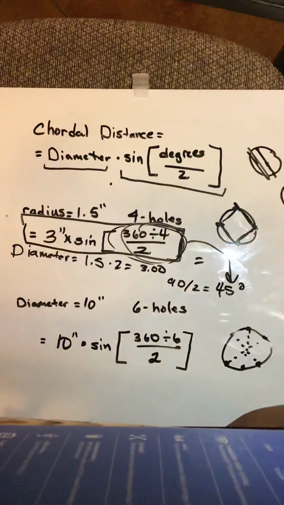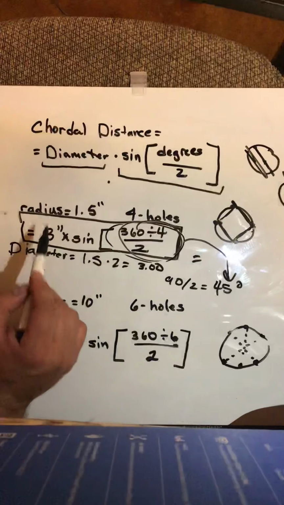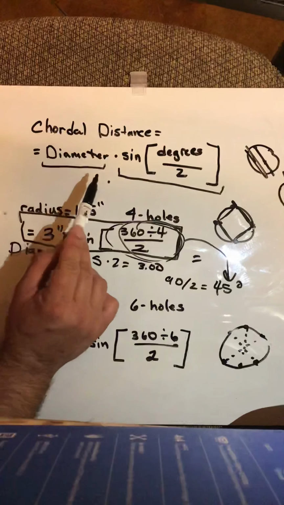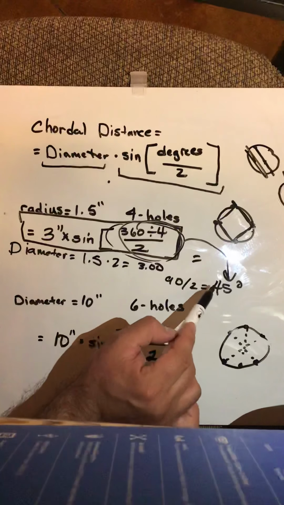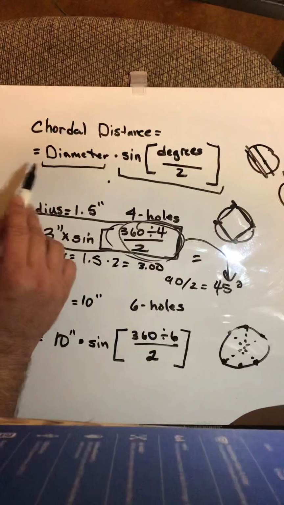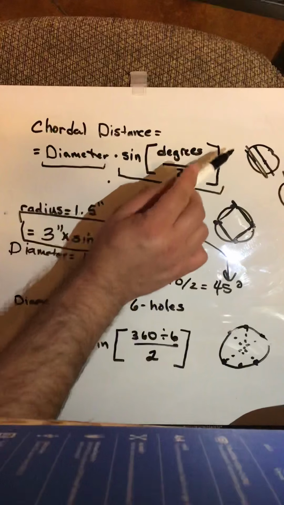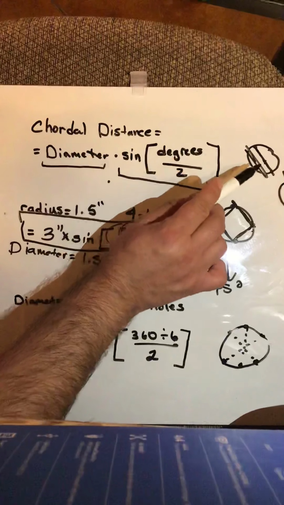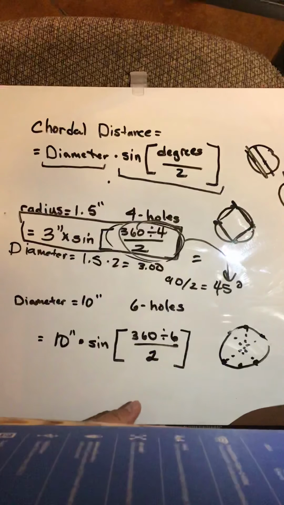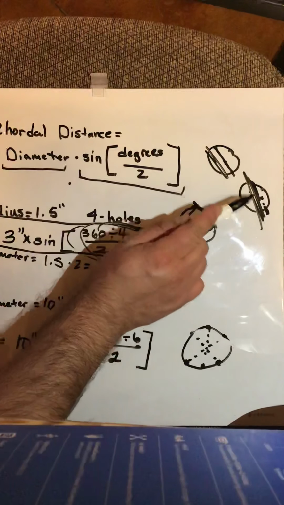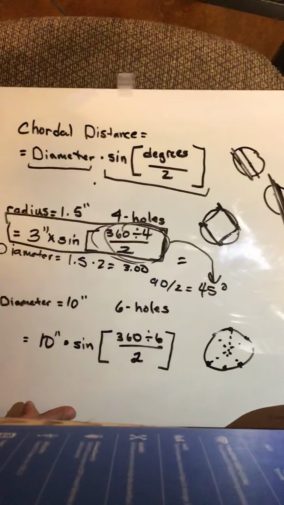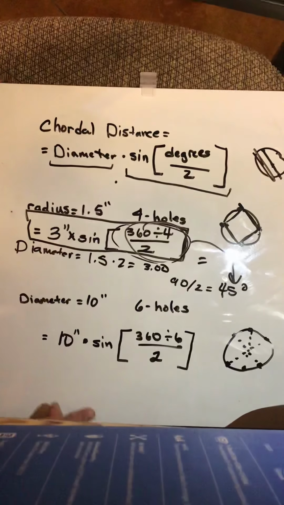Now I'm going to put it together. The formula is the diameter times the sine of what we figured out was 45. My diameter goes from one end straight down the middle to the other end, and since we only had a radius, which is from one end to the middle, if you're given a radius all you have to do is multiply by 2.